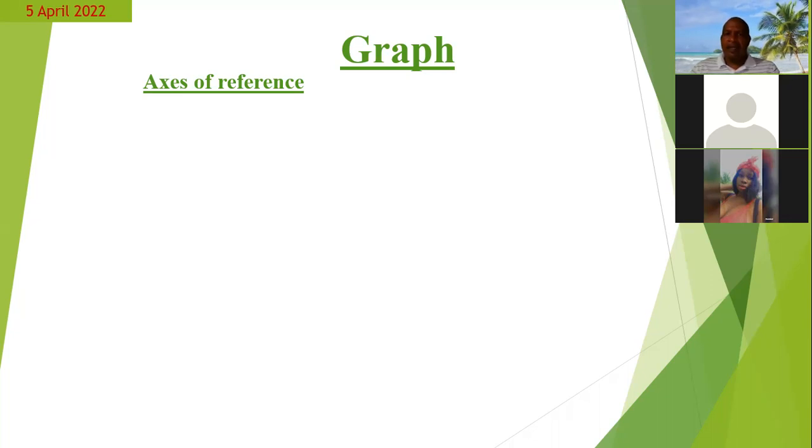All right, so anybody can tell me about the axis of reference? What are they? Ms. Wilson, Ms. Dorothy, anything about the axis of reference that you know? Sir, would it not be the horizontal and the vertical line? Good. So we have the horizontal and the vertical line.